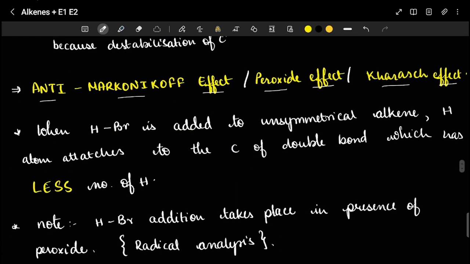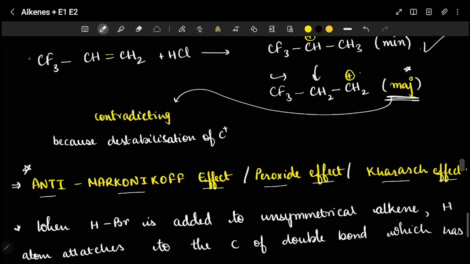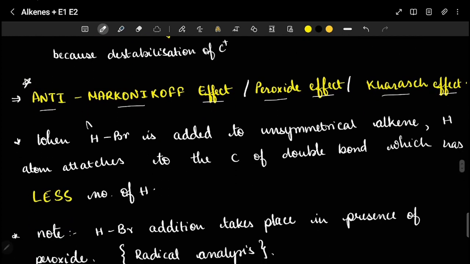Now, anti-Markovnikov effect, or peroxide effect, or Kharasch effect, what does it mean? This is possible only when there is HBr, only HBr. Here we are discussing the minus I group. The anti-Markovnikov effect is different from anti-Markovnikov addition. So what is it? When HBr is added to an unsymmetrical alkene, as usual, hydrogen attaches to the carbon of the double bond which has more hydrogens.